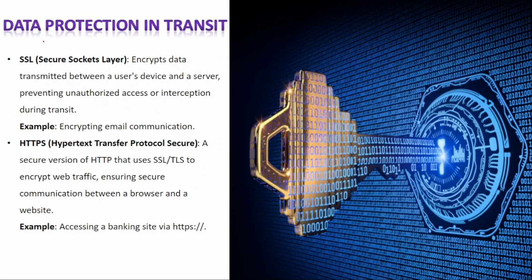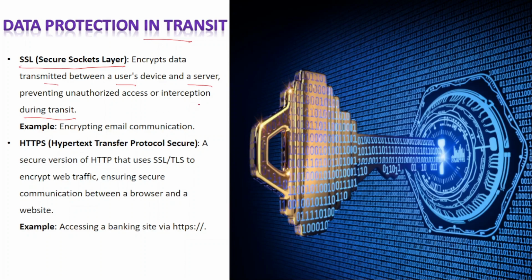And the second data location, or second data protection, is during transit, that is, data protection in transit. Data protection in transit includes SSL, that is Secure Sockets Layer, which encrypts data transmitted between a user's device and a server, preventing unauthorized access or interception during transit.